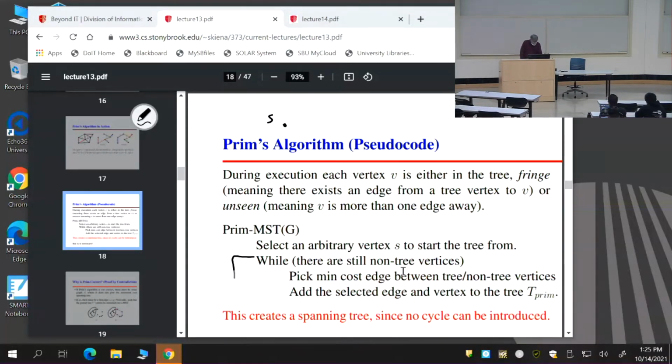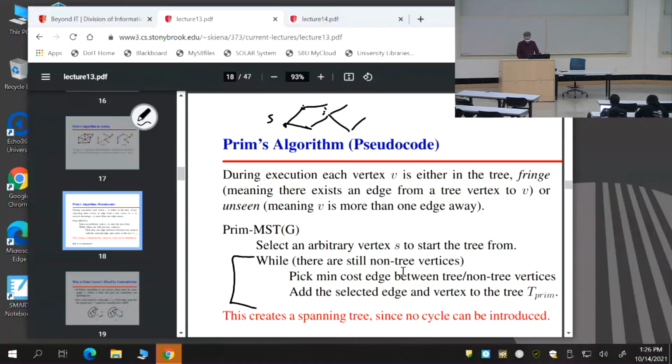In each iteration, we are going to go and find what is the smallest cost edge between something in the tree and something that isn't. Okay? Then we're going to go around again, find the smallest cost edge between something that's in the tree versus something that isn't. Keep going. We're going to grow a spanning tree this way. We can't add an edge to something already in the tree because that creates a cycle, right? But this is the algorithm that we're doing, okay?